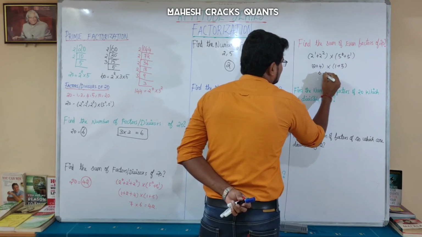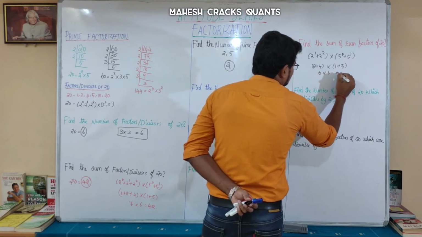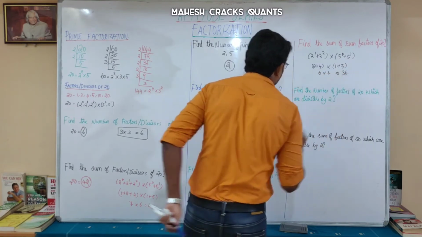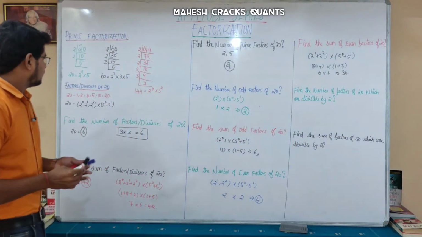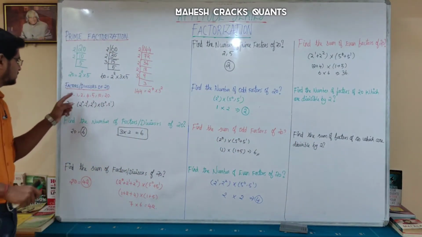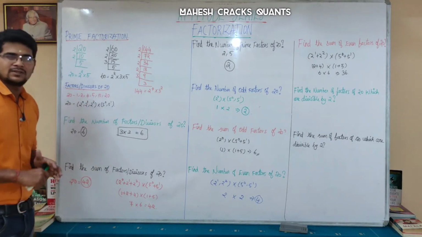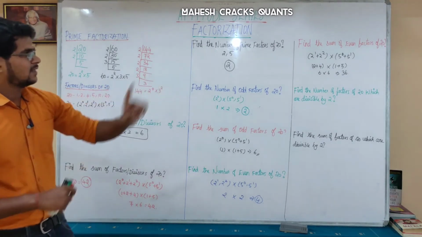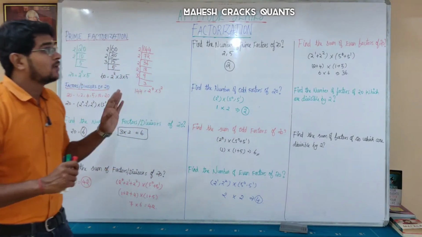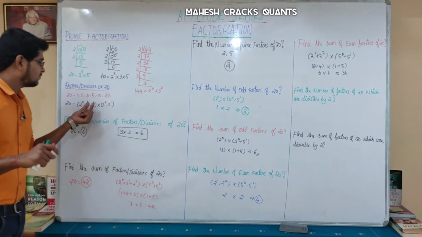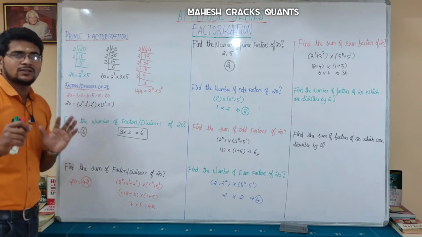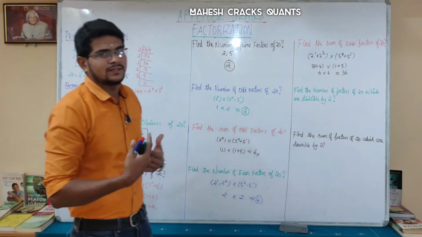So 6 into 6 is equal to 36. That's it. If you add all the even numbers, 2 plus 4, 6, 6 plus 10, 16, 16 plus 20, 36. That's the sum of even factors. So sum of even factors means you have to add all the even factors.